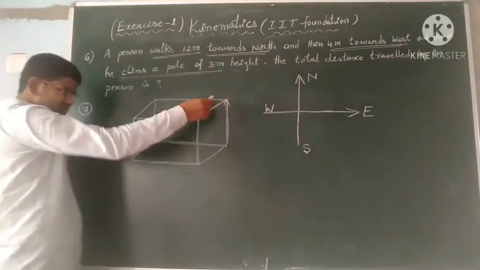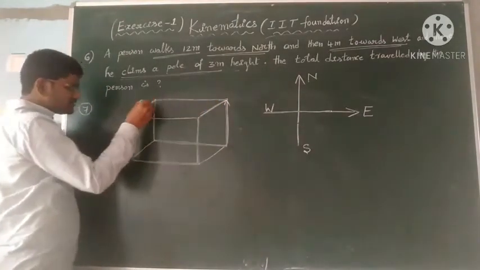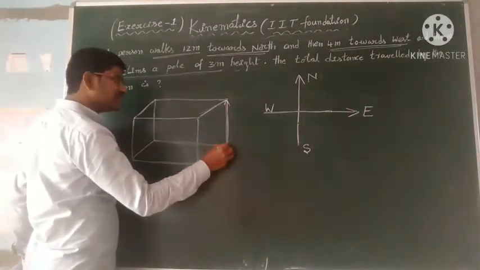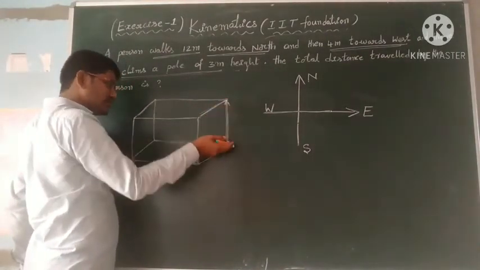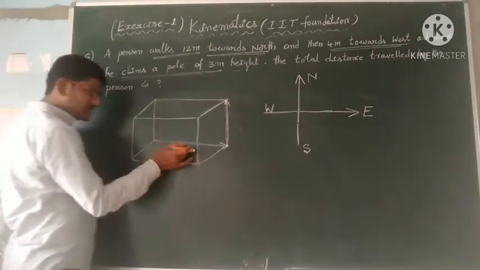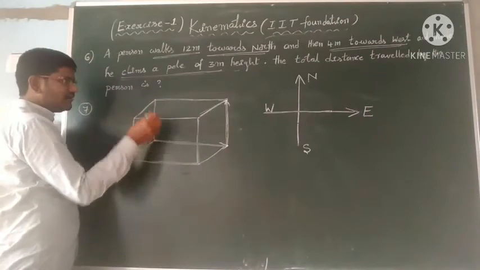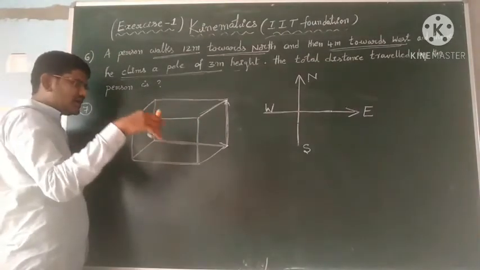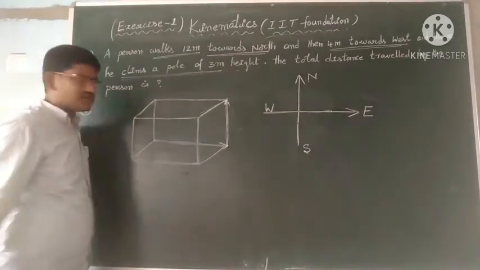In this plane, upward is north, downward is south, this side is east, this side is west, and vertically up means out of the plane, and vertically in means into this horizontal plane.